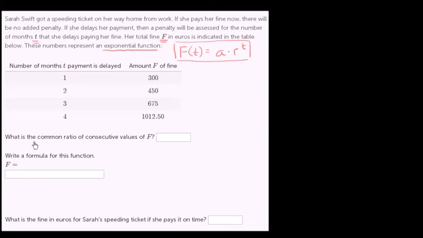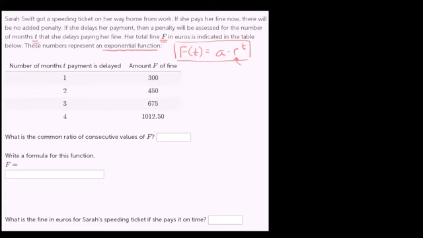So the first question is, what is the common ratio of consecutive values of f? The reason why r right over here is called the common ratio is that if you were to increment t by 1, the ratio of that to f of t should be consistent for any t. Let me give you an example.